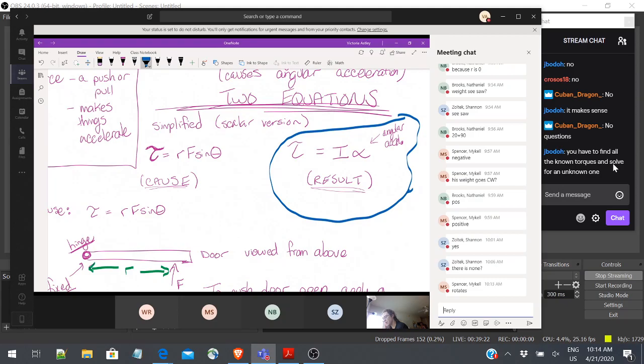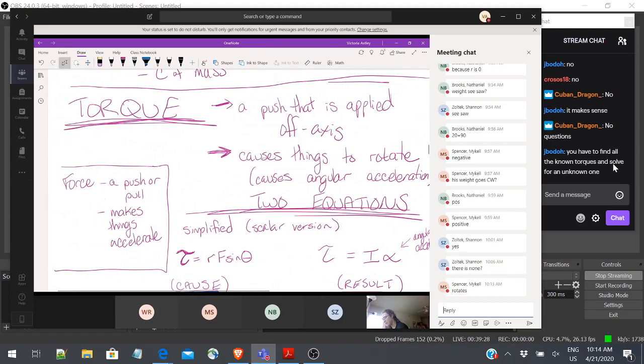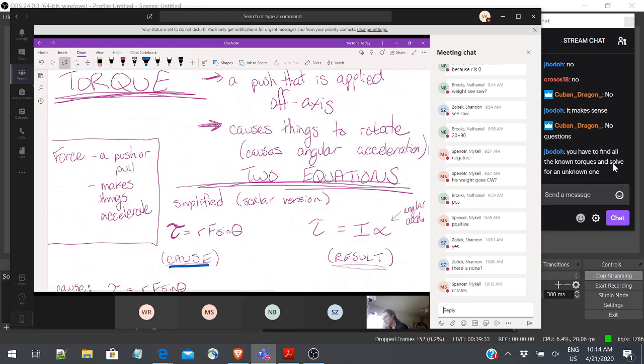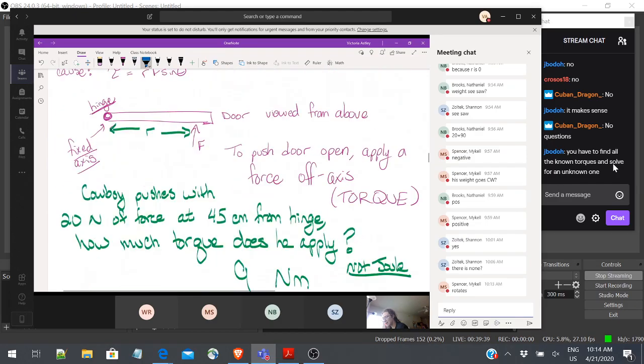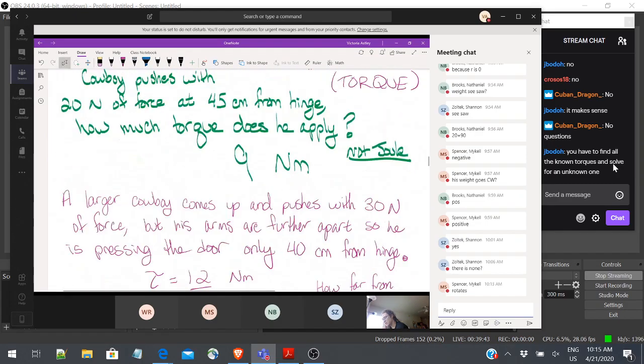So far, we were talking about the cause equation, how we figure out the torque that is being applied. There's also the result equation, which is what happens, the angular acceleration that occurs. So now we're going to talk about that result equation.